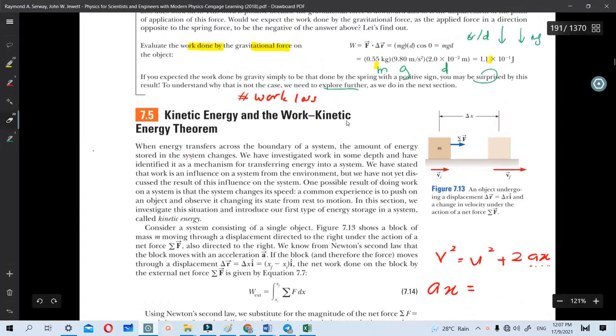Alright, so previously, you have seen how to calculate work by using, in fact, 3 methods. Number 1 is by concept, F and delta R must be parallel or anti-parallel. Therefore, you arrive with F delta R cos theta.